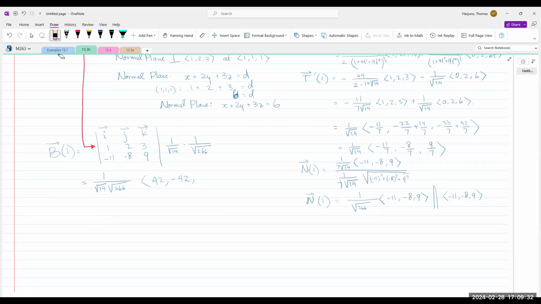And then the last part is negative 8 plus 22, that's 14. Okay, in fact, I can factor 14 out from there, right? So I can factor 14 out, so I get square root of 14 on the top over square root of 266. I can simplify that further. Okay, 3, negative 3, 1.